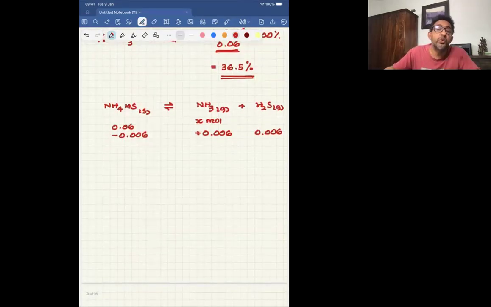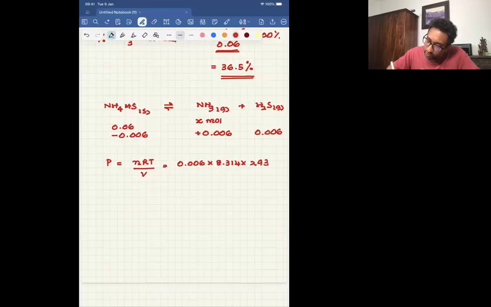I think the easiest way to do it is not with the number of moles, but with the pressure. Let us look at the partial pressure for 0.006 moles. Partial pressure is equal to nRT divided by V. That is 0.006 times 8.314 times 293 divided by 2.4 times 10 to the power minus 3.